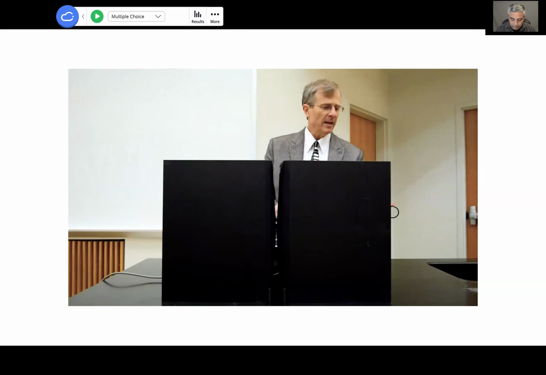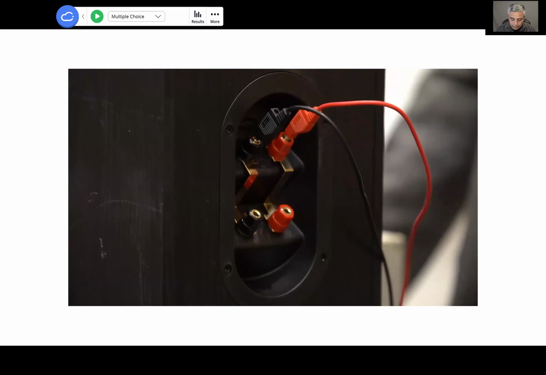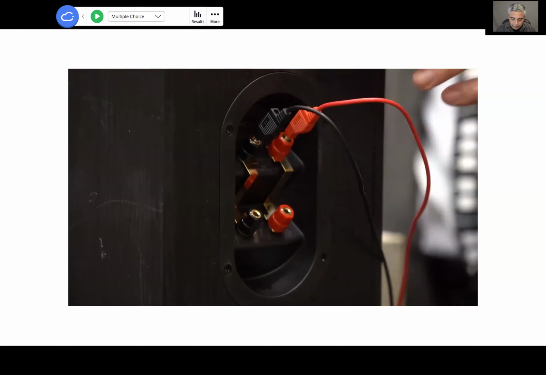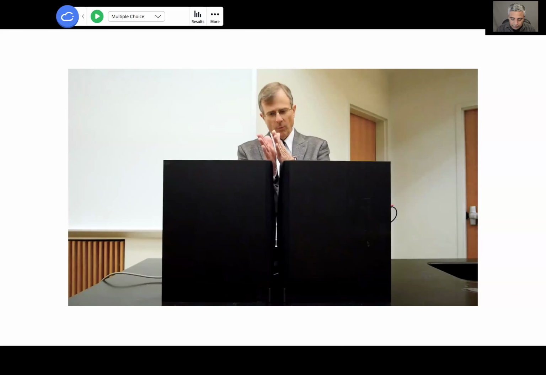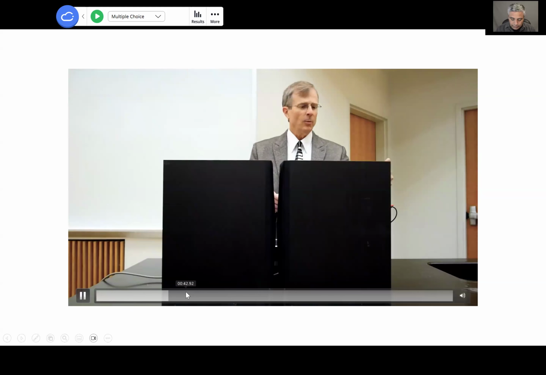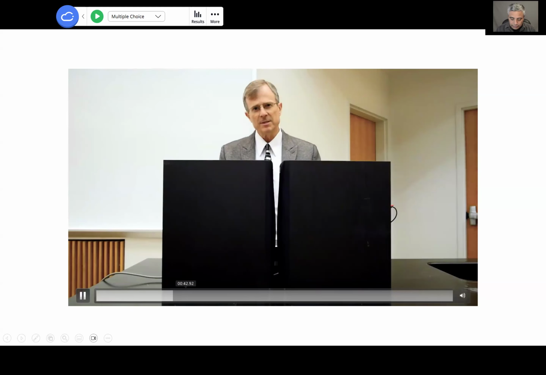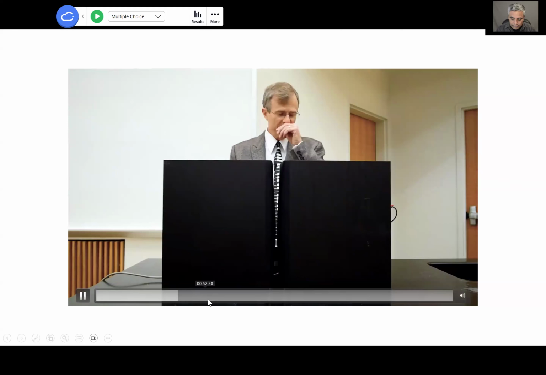Your speaker wires may not be colored red and black, but often they're colored positive on one of the wires and then unmarked on the other, or some different color. You want to connect them up to your speakers in the same way for the following reason.